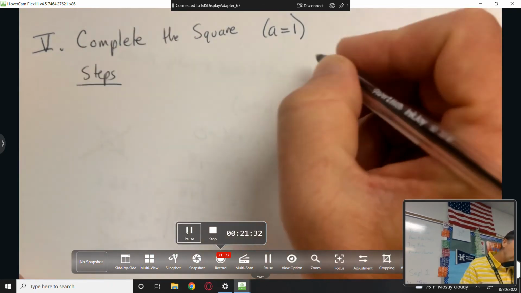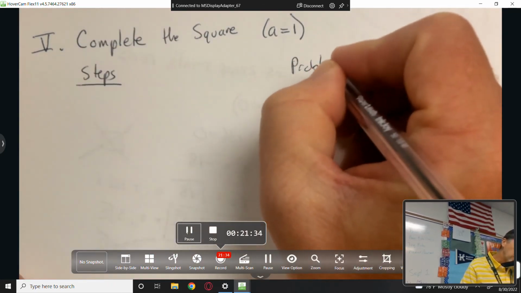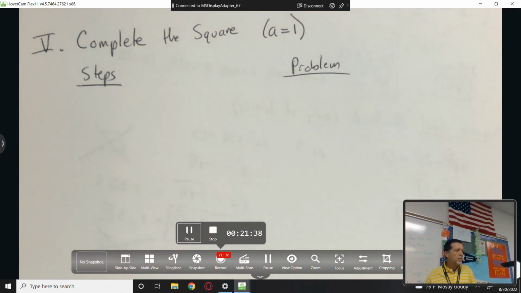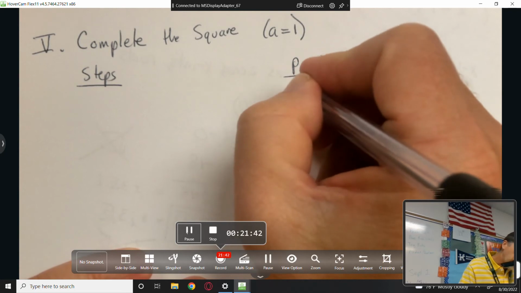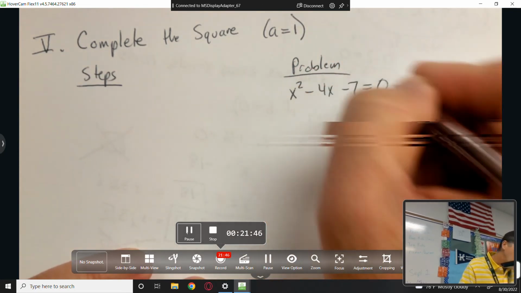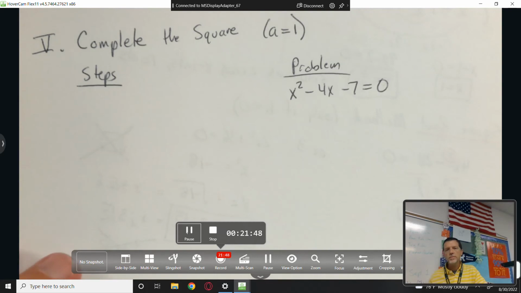So I'm going to list the steps and work a problem sort of simultaneously. Our problem is x squared minus 4x minus 7 equals 0. Anybody have any idea how to start complete the square?